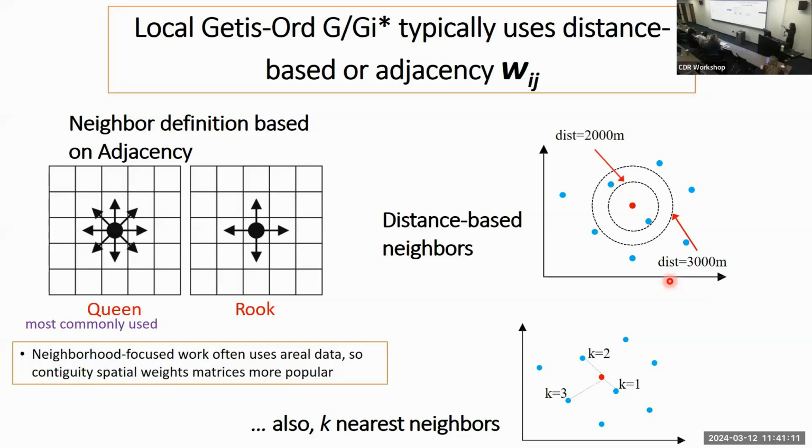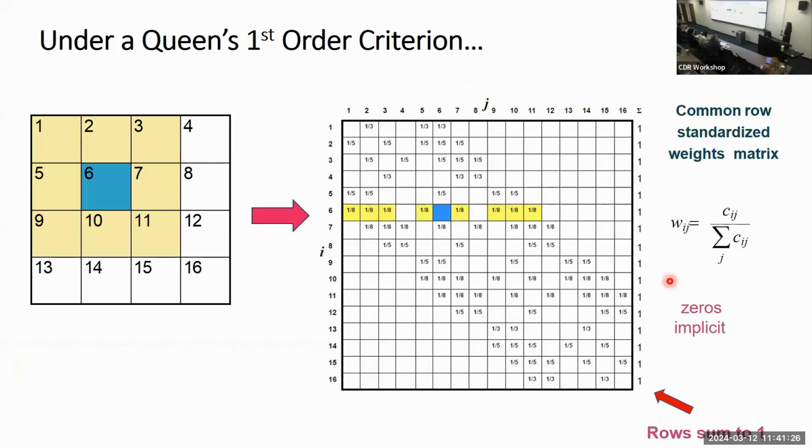You can also use a distance-based definition: draw a fixed radius around the center of your neighborhood, and anything that falls inside would be considered a neighbor. Or nearest neighbors, that's also popular. For this example, I'm going to follow most segregation papers, which is to define neighbors using a Queen's first order criterion.